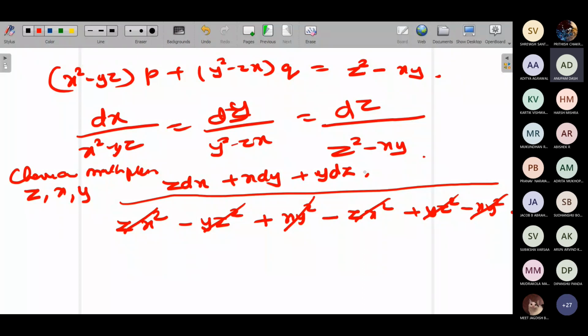How should we integrate the numerator? That only you should tell me. Because you cannot take that as a constant and integrate it. In that case, you have to choose some other multipliers which will give you a valid form. You understand? So here you have the z dx.